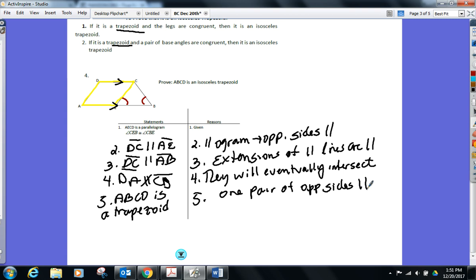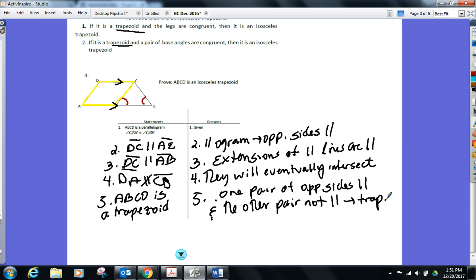And the other pair not parallel. Good. You have to add in that the other pair are not parallel. So everyone's good on how to show it's a trapezoid, if that's ever asked for you.